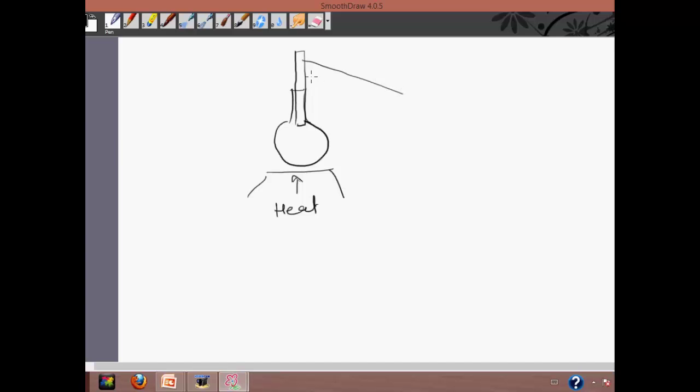Here we have a coolant, and here we have a small receiver container.